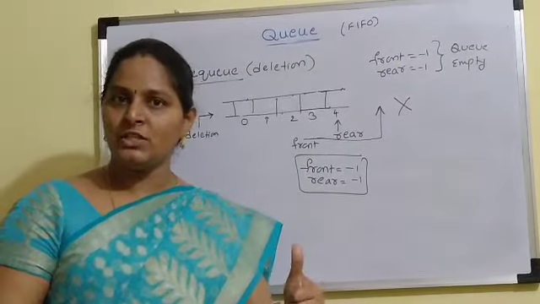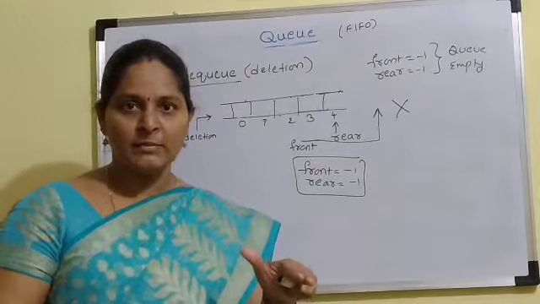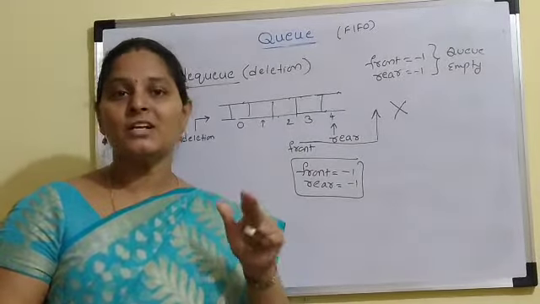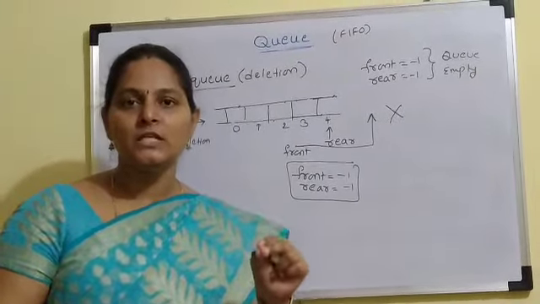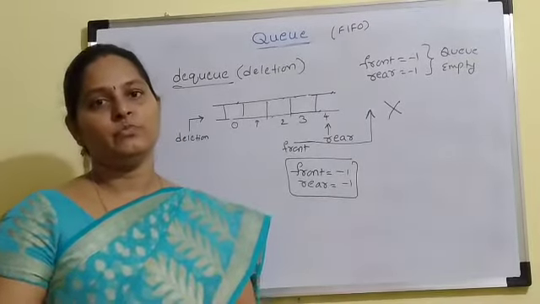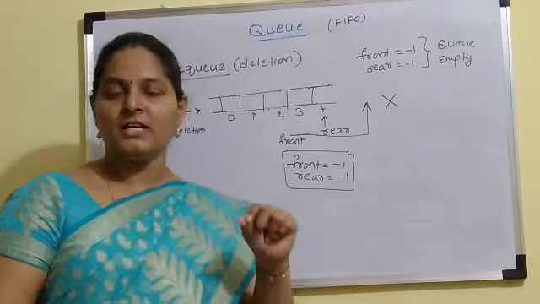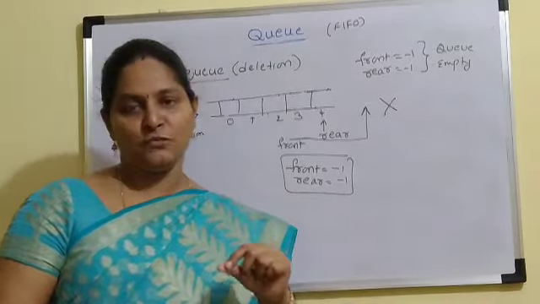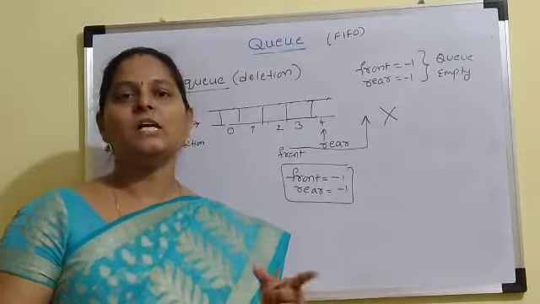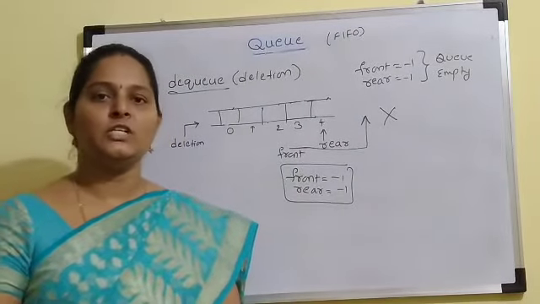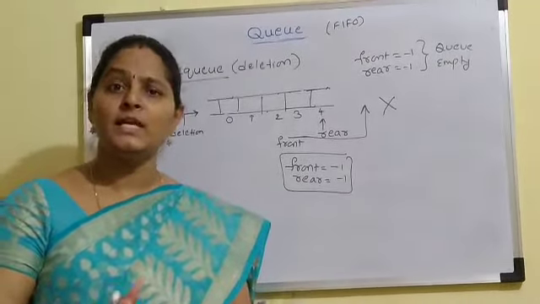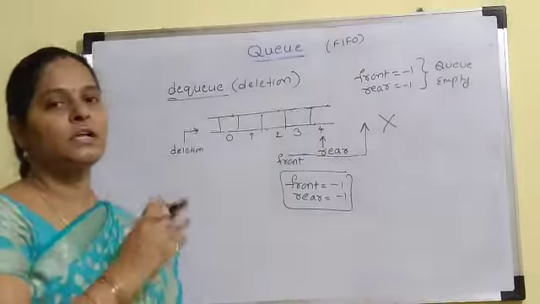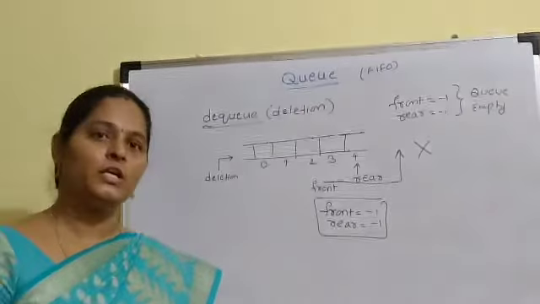Next one, the peek function. Peek function will not remove the element from the queue; it simply returns the front element of the queue. Next is the isFull function, used for checking whether the queue is full or not. And next is the isEmpty function, used for verifying whether the queue is empty or not. These are the commonly used operations on queues.